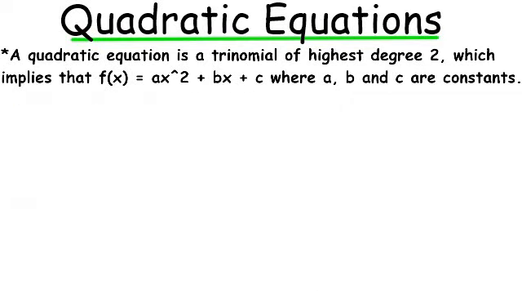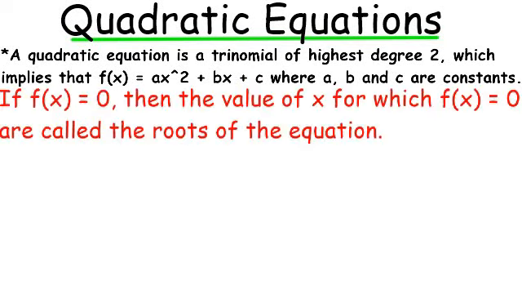Good. So what else do we need to know about quadratic equations? If f of x equals 0, then the values of x for which f of x is equal to 0 are called the roots of the equation, like the solution of that equation. So what are we trying to say?